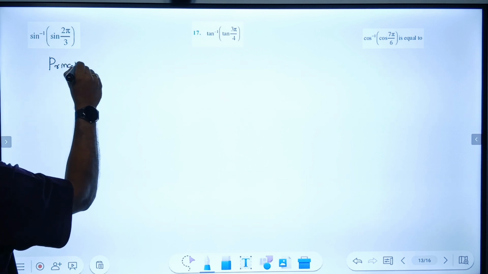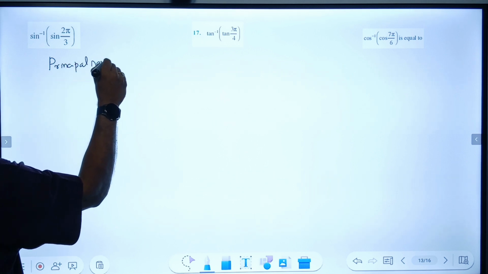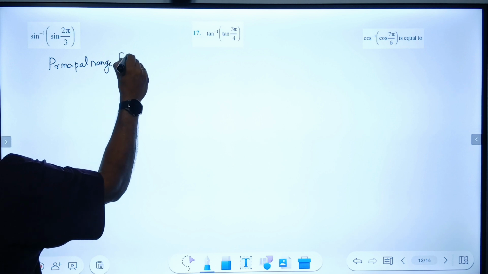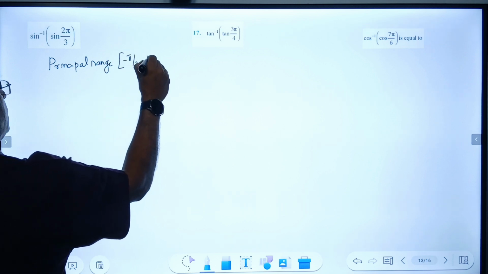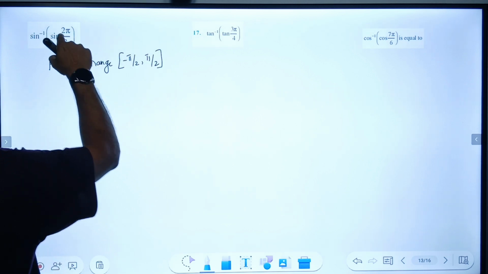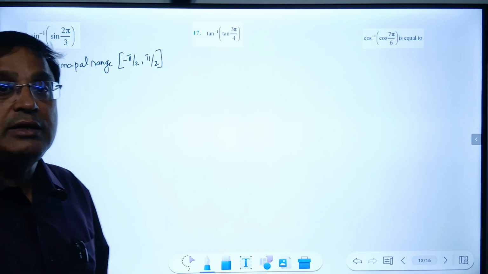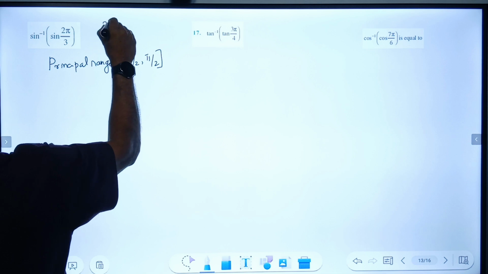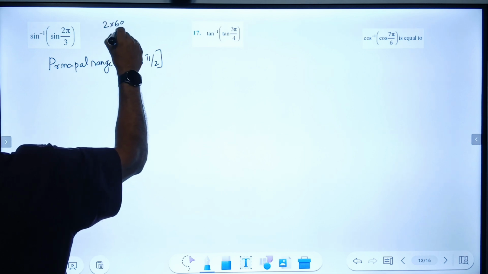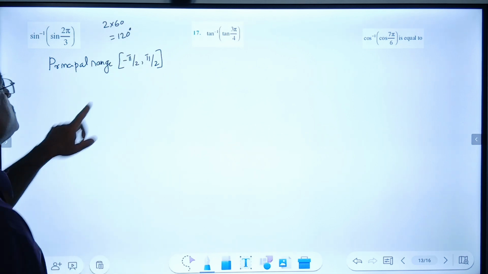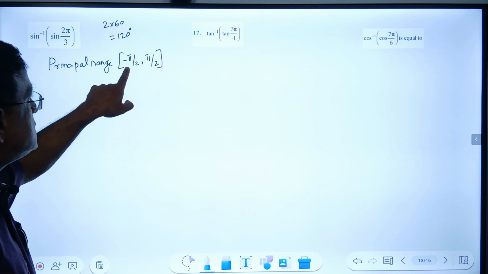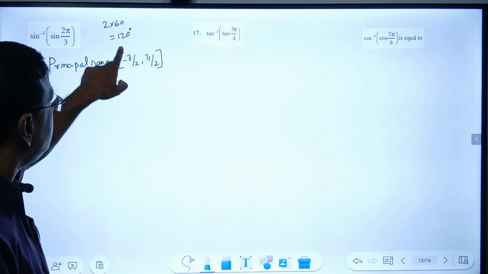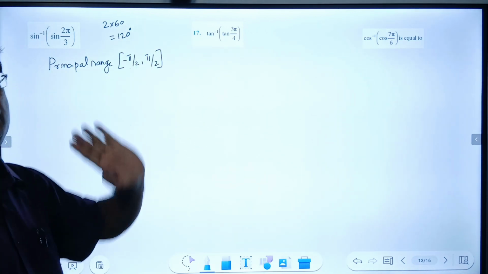The principal range of sine inverse is from minus pi by 2 to pi by 2. So you have to check whether 2 pi by 3 lies in that or not. 2 pi by 3 is nothing but 2 into 60, which is 120 degrees. It does not lie there. This is from minus 90 to plus 90. So this is outside the principal range.